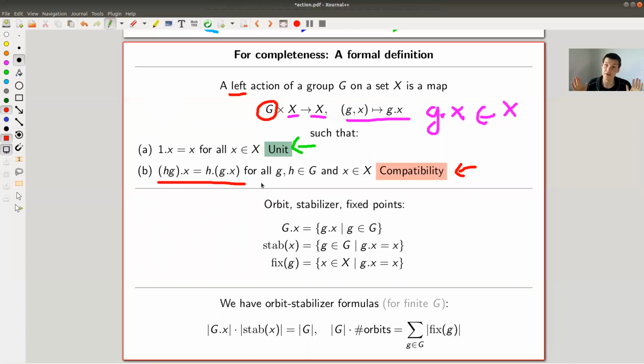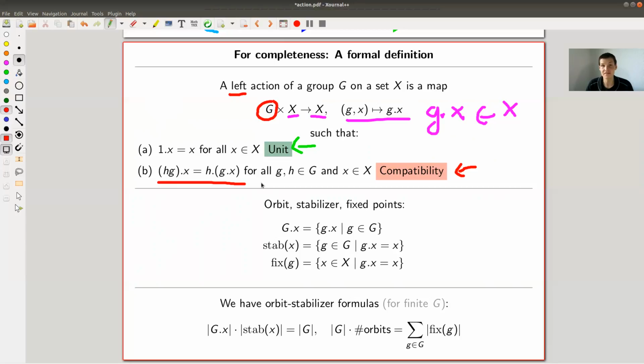This is a version of associativity. It's not quite associativity because you always have this chosen x on the right, but it's the right version of associativity in this setup. It's a very easy idea, very few data.